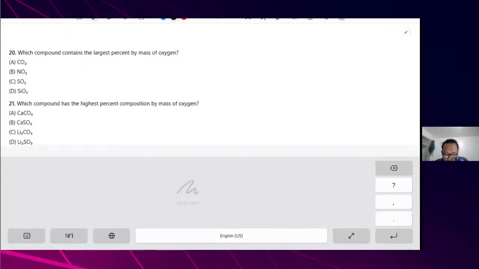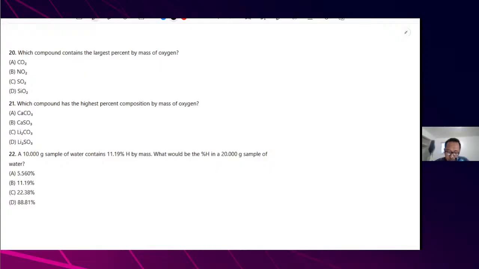So what we need to know first is the molar mass of each compound. The molar mass for CO2 is 44.01 grams per mole.